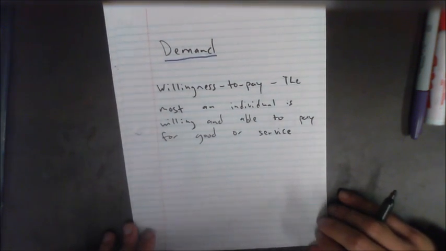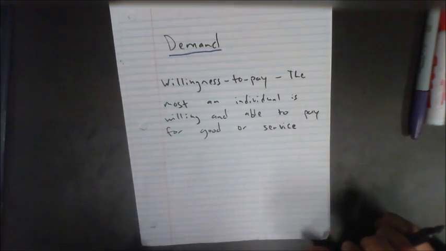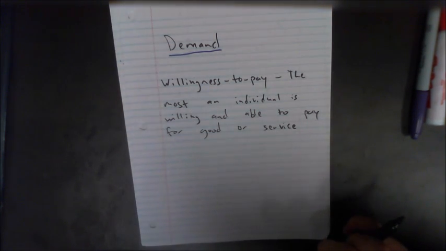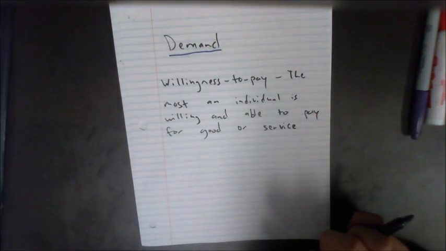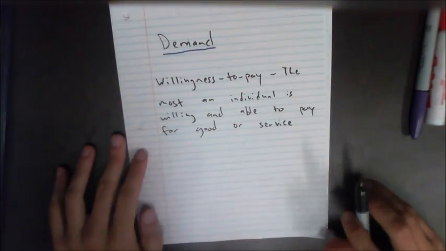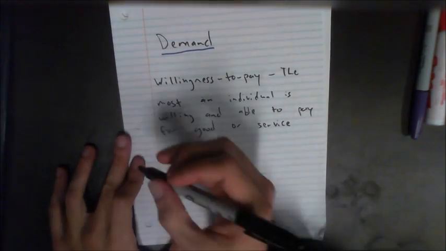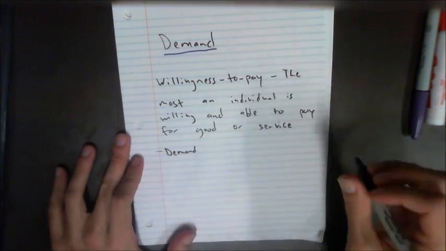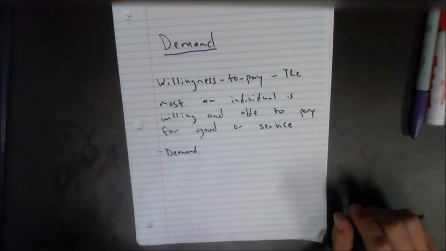Willingness to pay. All right, so basically what our demand curve tells us is how much someone is willing and able to pay at different prices. This is what demand basically tells us. All right, so here's our book definition for what we call demand.